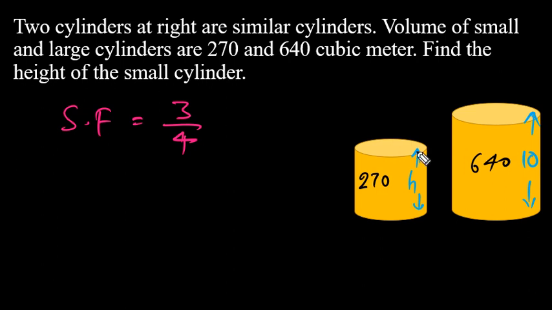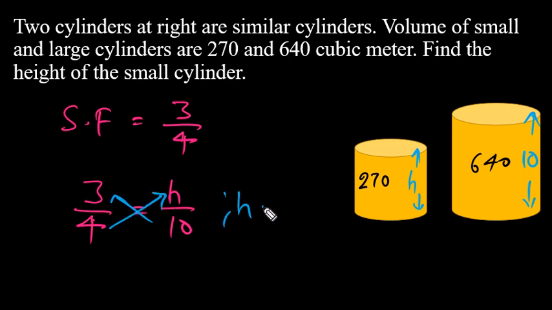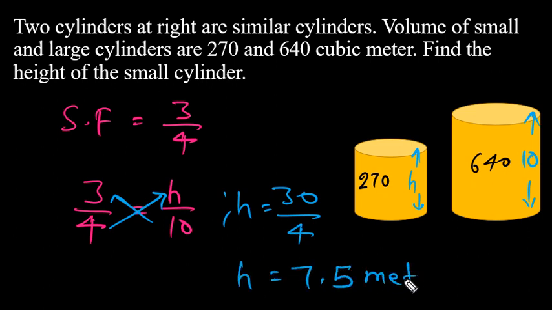Now can you call in this case the height is 3? No. Then what you have to do is scale factor 3/4, so h over 10, small to large. Then you will have to solve using the cross product. So the height will be 3 multiplied by 10 is 30/4, and the height will be 7.5 meters.